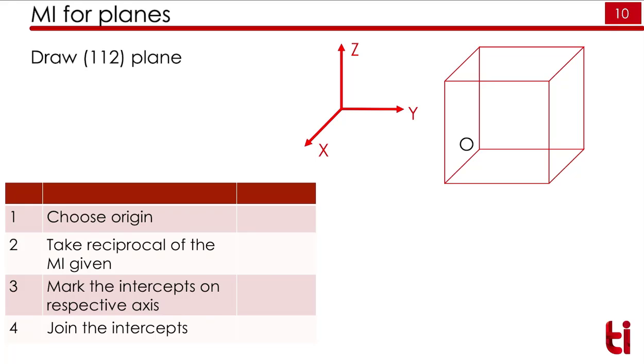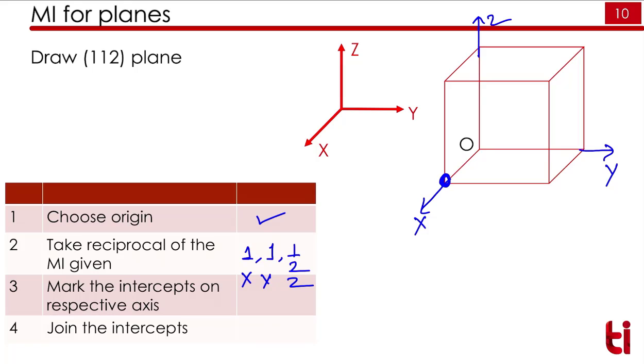First choose origin, that we have already chosen. Take reciprocal of the Miller indices given. Reciprocal: 1, 1 and half. Mark the intercept on respective axis. So you have to mark this intercept on x, y and z axes. So x equal to 1. This is x-axis, this is y-axis, this is z-axis.